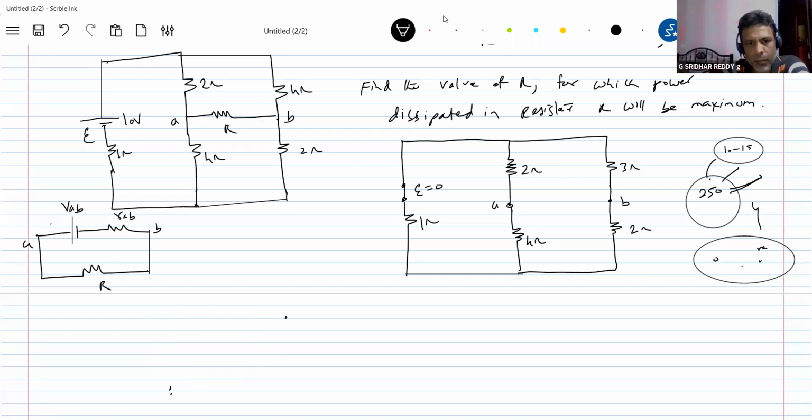This is point B. This is point A. This is 3 ohm, this is 2 ohm, this is 2 ohm, and this is 4 ohm.